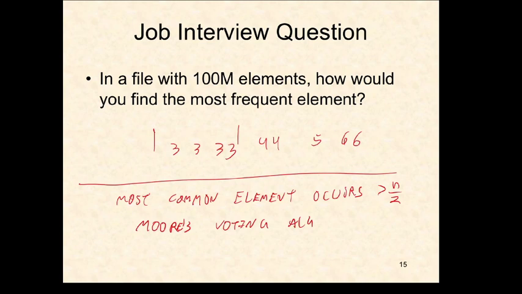If I told you it occurs greater than n over k of the time, then we could go to the Misra-Gries algorithm.